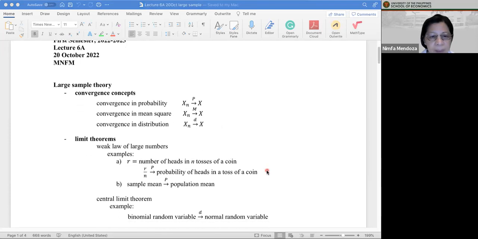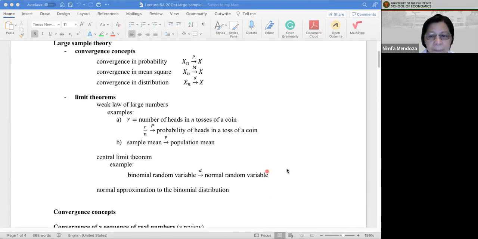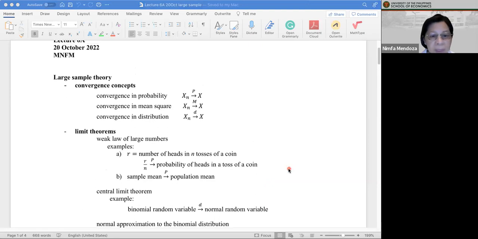So in this section, we would be looking at convergence concepts and limit theorems. For convergence concepts, we would look at the simplest ones. If you look at other statistics books, also other econometrics books, there are different convergence concepts.